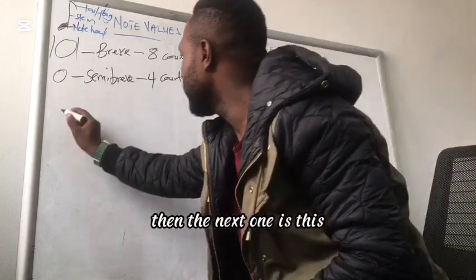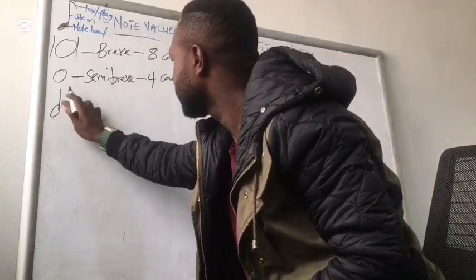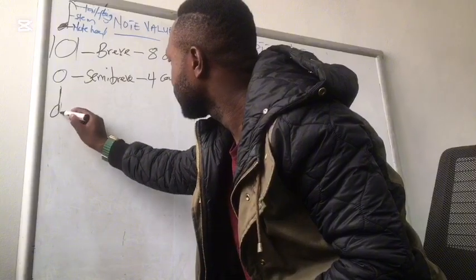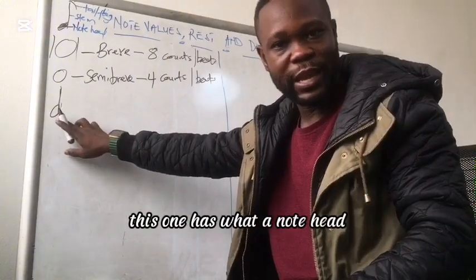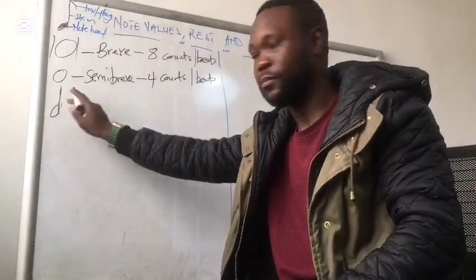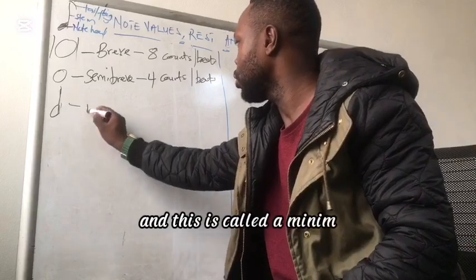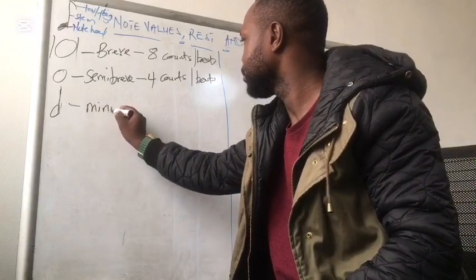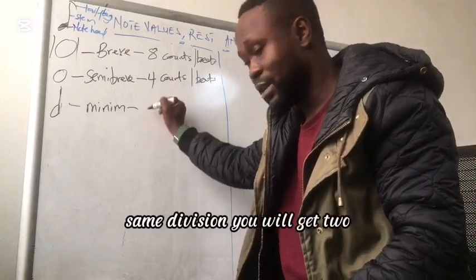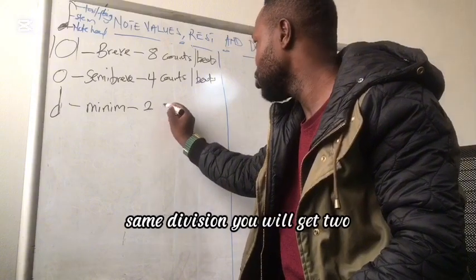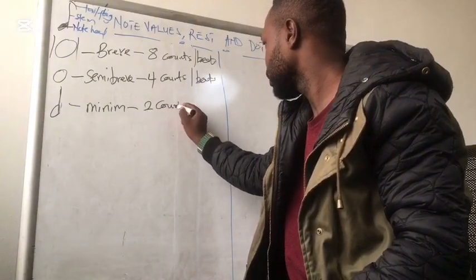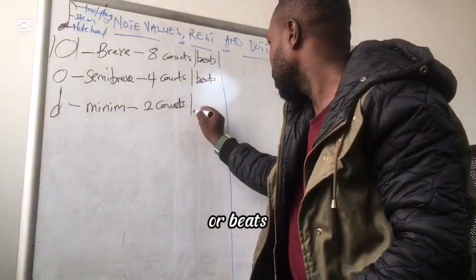Then the next one is this. This one has a note head, a stem, and this is called a minim. Same division, we will get 2 counts or beats.